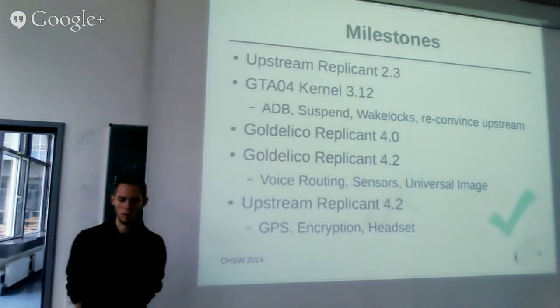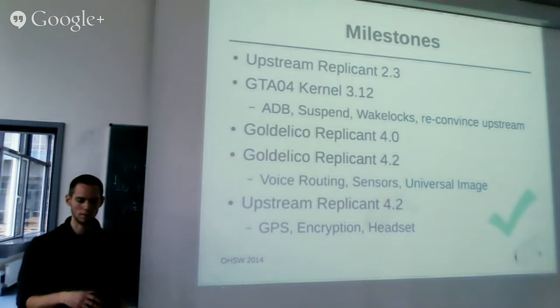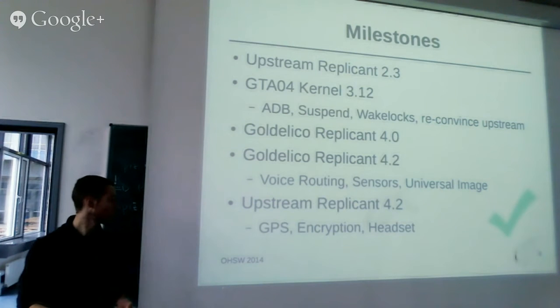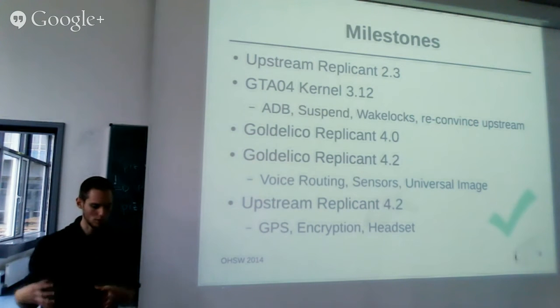And at some point, when the new Android Open Source Project releases, like 4.0, for example, were released, they tried to port the new Android, which needed a newer kernel.